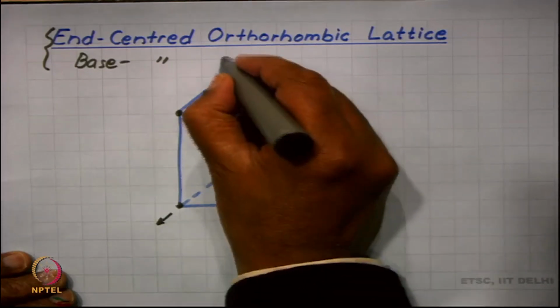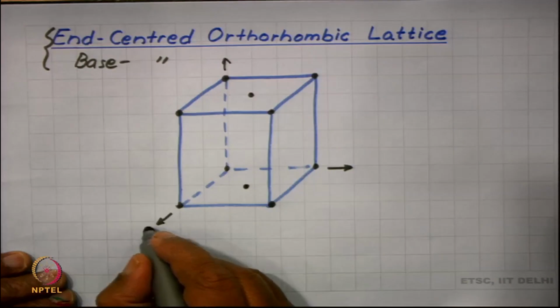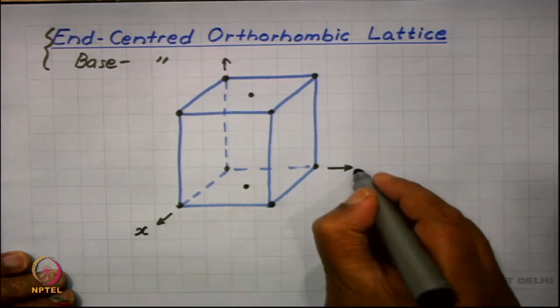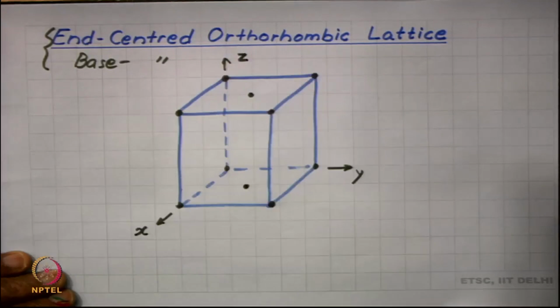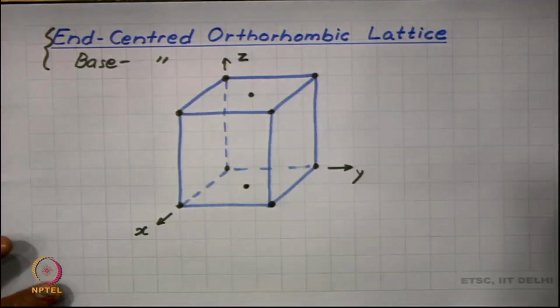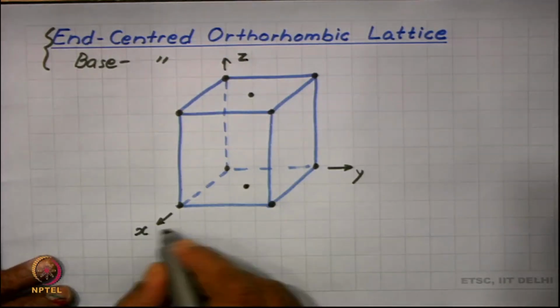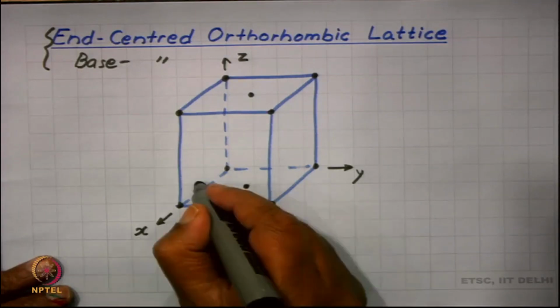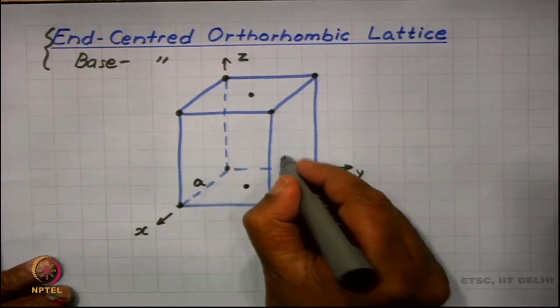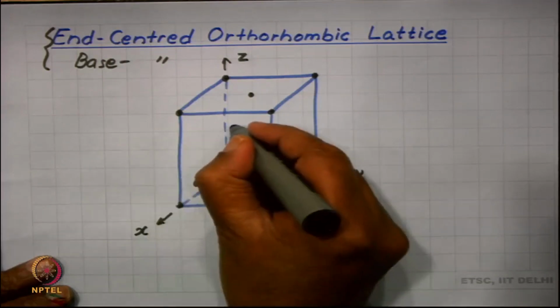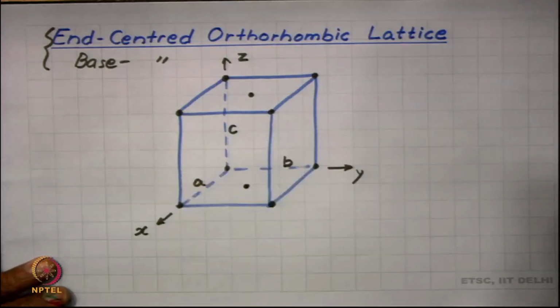because if I choose my axes x, y and z in this way, note that in crystallography the A is along the x axis, B is along the y axis and C is along the z axis.